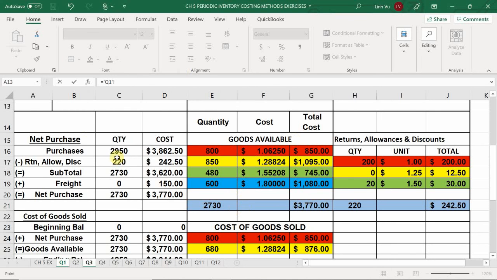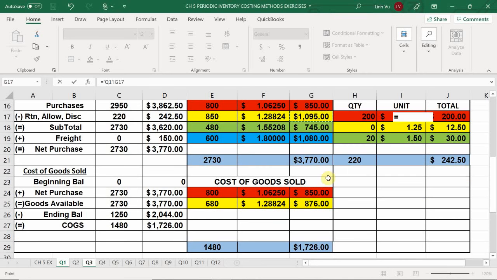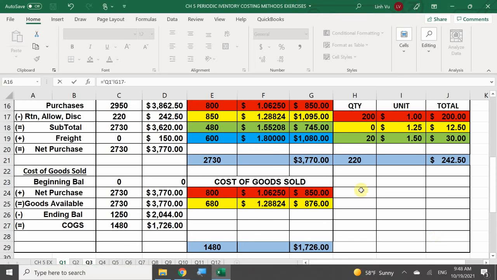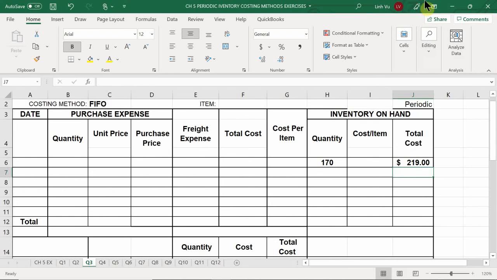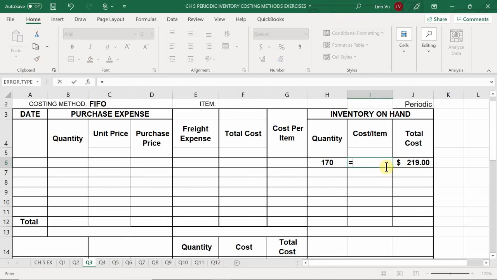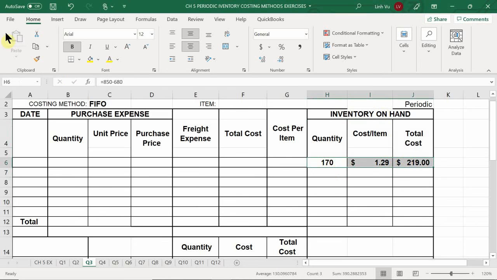If I originally started out with 850 in my yellow batch, which was a total of 1095, I end up selling $876 worth. Therefore, I am left with $219 left. Okay? This is my yellow batch of inventory.